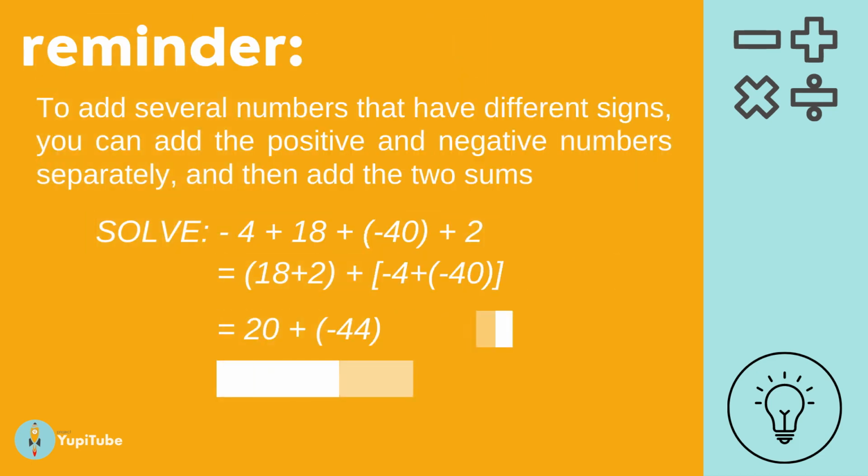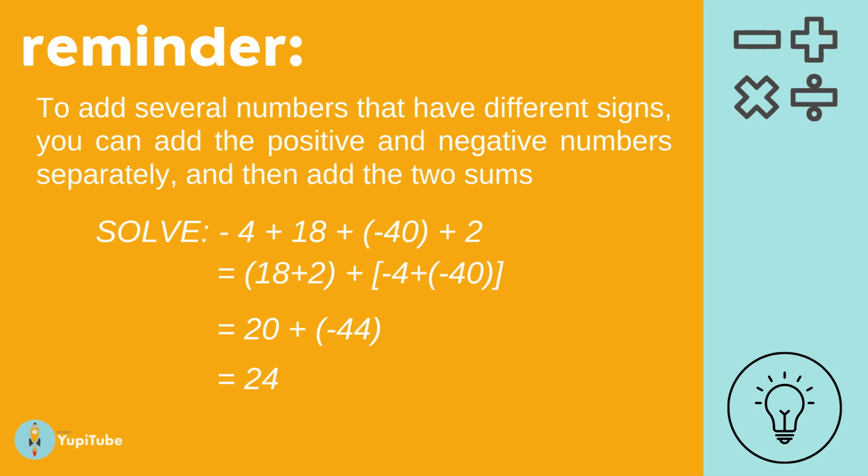Reminder: to add several numbers that have different signs, you can add the positive and negative numbers separately and then add the two sums. Example: negative 4 plus 18 plus negative 40 plus 2.